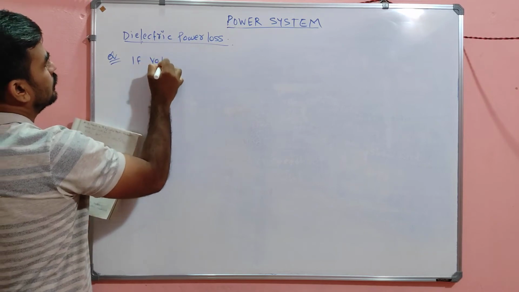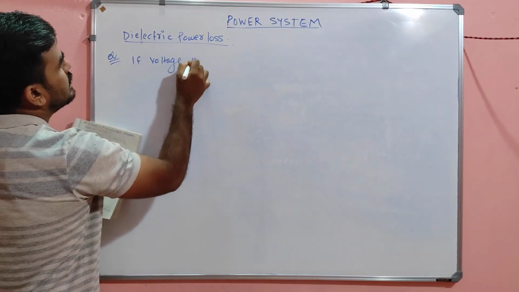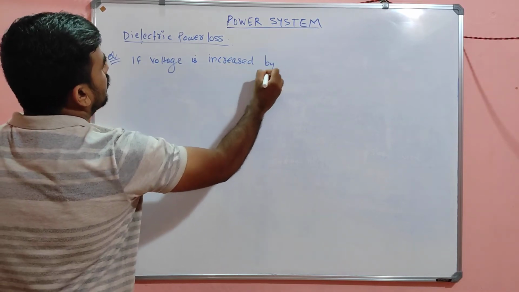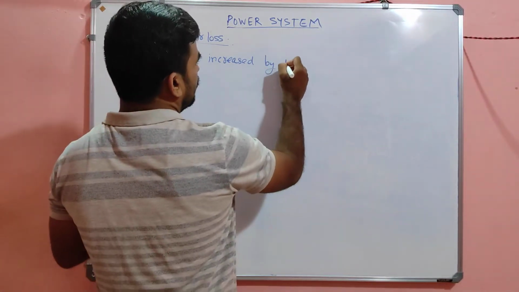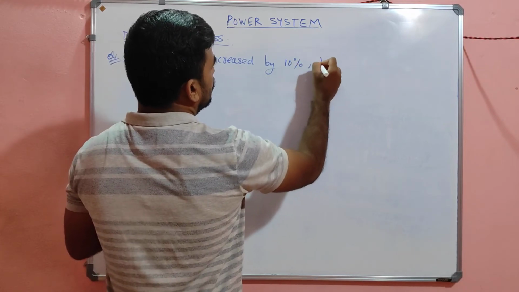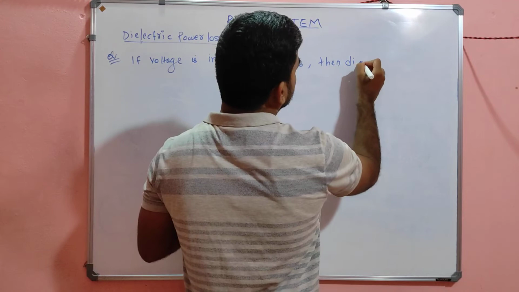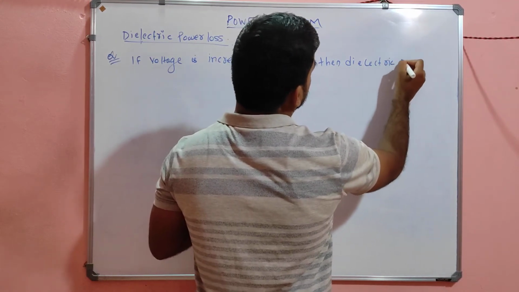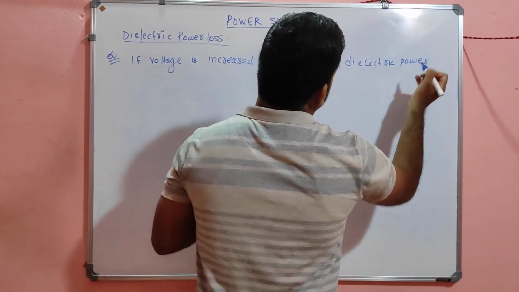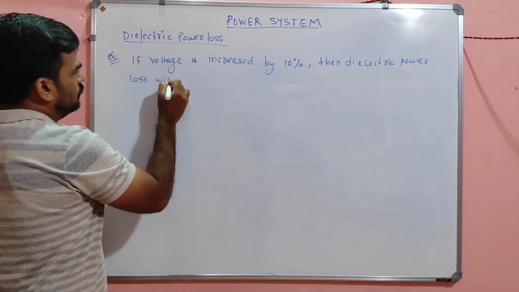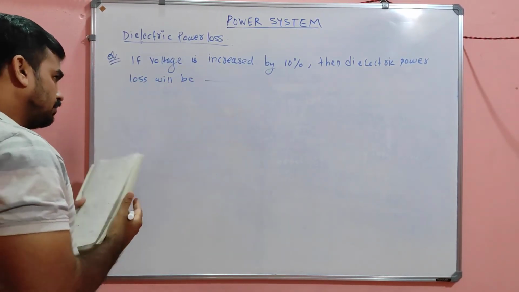Let's discuss a question. If voltage is increased by 10%, then dielectric power loss will be dash.